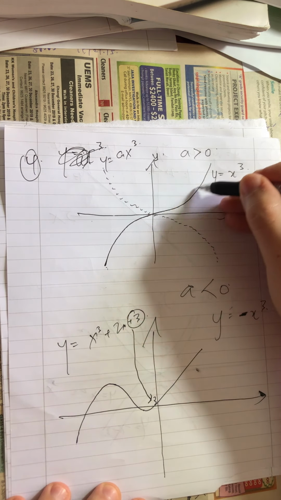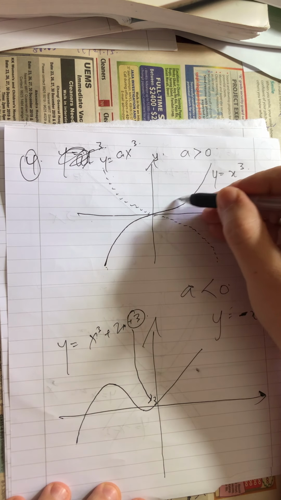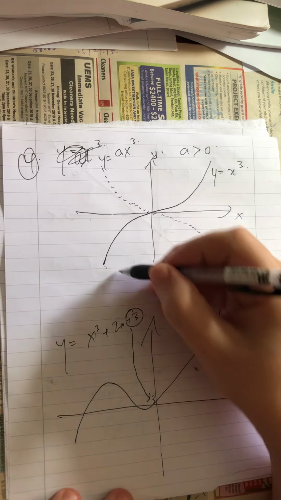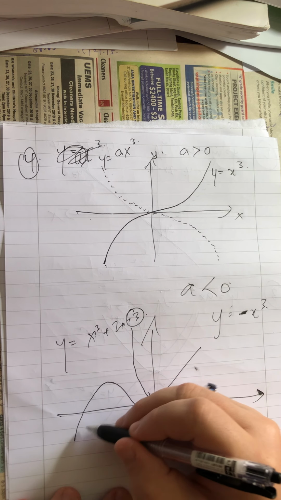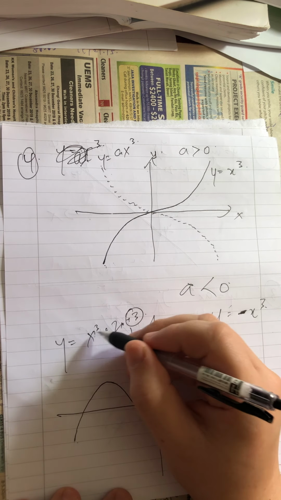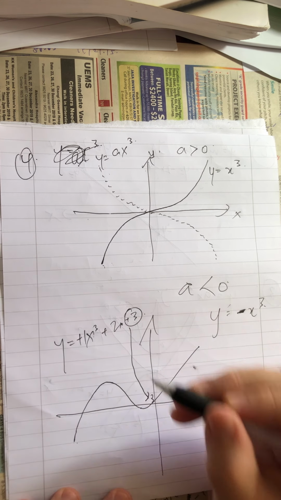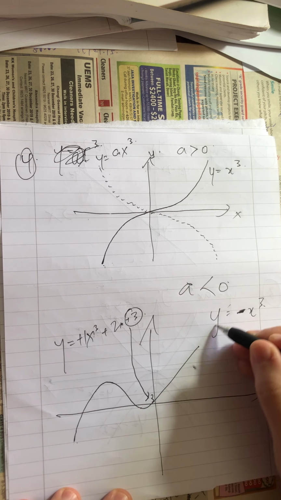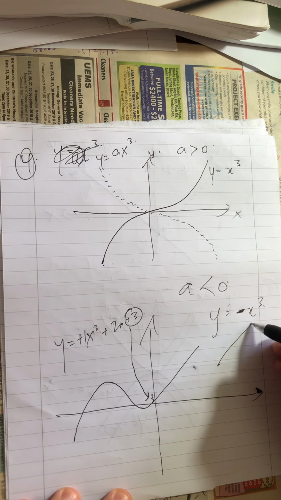This one you will learn next time, it is actually not really a turning point. But you just know that this is the shape. Can you see that when the coefficient of x cubed is positive, it's still something like your positive gradient going up this way.